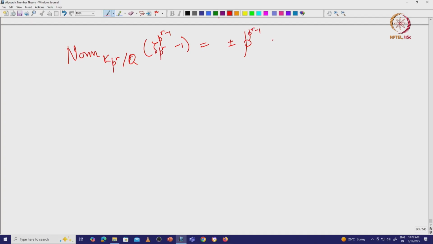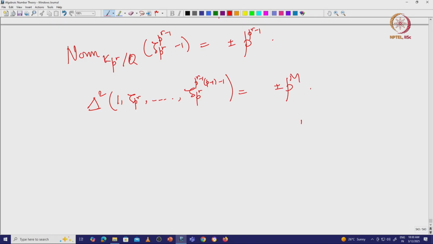And so if you put all this together, you get that the discriminant of 1, ζ_{p^r} and so on, ζ_{p^r}^{p^{r-1}(p-1)-1} is equal to plus or minus p to the m.